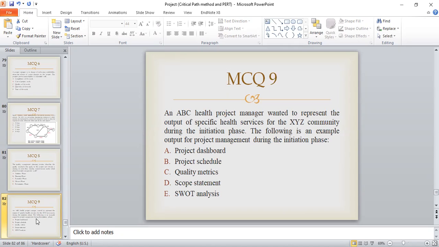E. Yes, E will be the correct option, as I already mentioned in one of my scenarios that among the various project management output tools used for depiction during the initiation phase, the most commonly used is SWOT analysis. Therefore, E is the correct option, whereas project dashboard, project schedule, quality metrics, and scope statement are various other techniques used during project management.